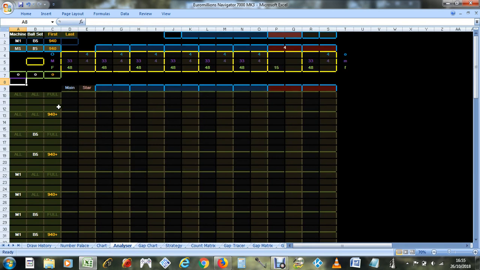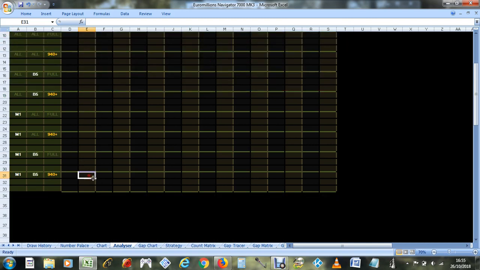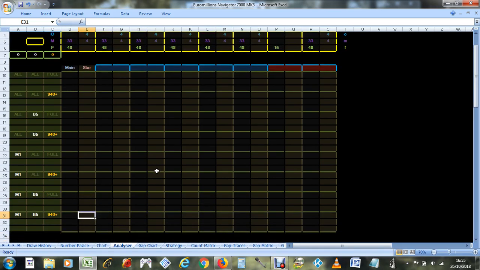So what I'll do is I'm going to fill in the analysis grid showing all the most outstanding numbers for each combination of whether we're looking at the machine, the set of balls, or the full draw history, recent history, or whether we're looking at all machines or all sets of balls.